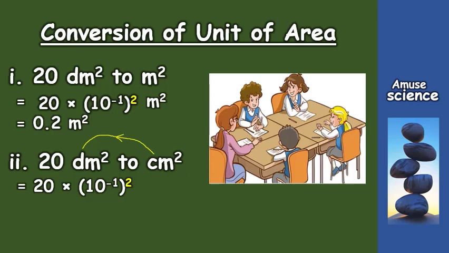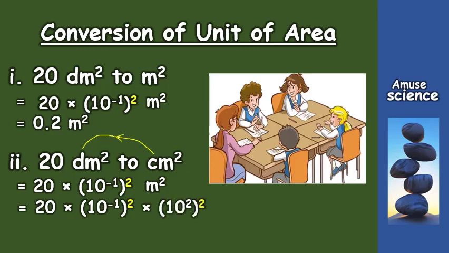Now let us convert to centimeter squared by introducing our centi. So by introducing our centi, we are going to get 20 times 10 exponent minus 1 exponent 2 times 10 exponent 2 also squared, and this converts our answer to centimeter squared.